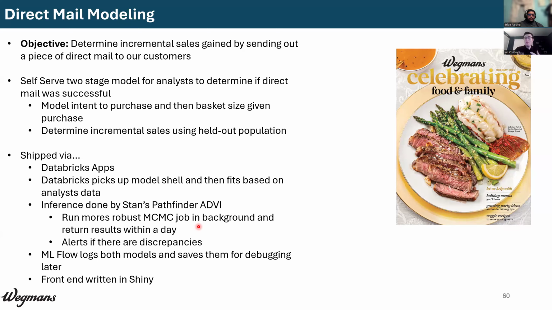But for the most part, because these are so vanilla models, that rarely happens. But again, we're talking about a lot of pieces of mail that are going out and big investments. So you better believe that I'm trying to make sure that we're as compliant as possible. So that's why we do this MCMC job in the background, and of course make sure it converges.